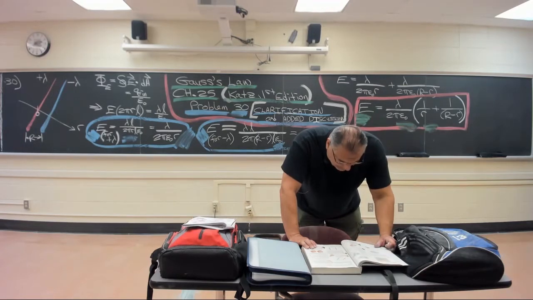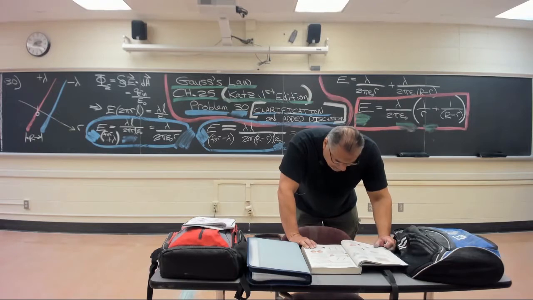One rod is positively charged with charge per unit length plus lambda, and the other is negatively charged with charge per unit length of negative lambda. The perpendicular distance between the rods is capital R. Using the coordinate system shown in the figure, sketch the electric field as a function of small r from negative capital R to positive 2 capital R.